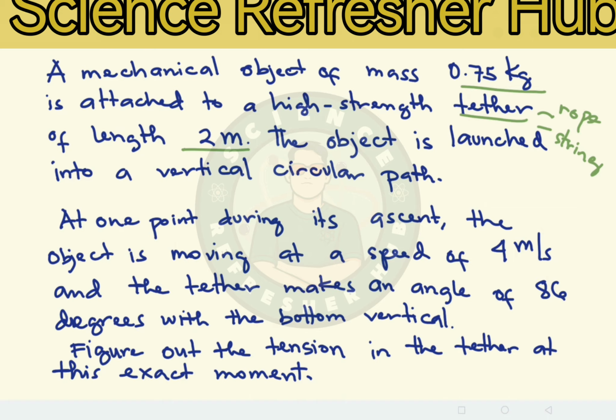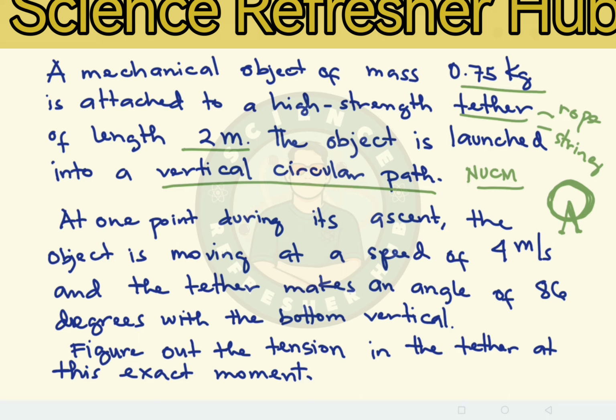The object is launched into a vertical circular path, and in this case, we will be dealing with non-uniform circular motion. Therefore, speed is changing. It's a vertical circular motion. Imagine a Ferris wheel mechanism wherein the circular motion is done vertically.